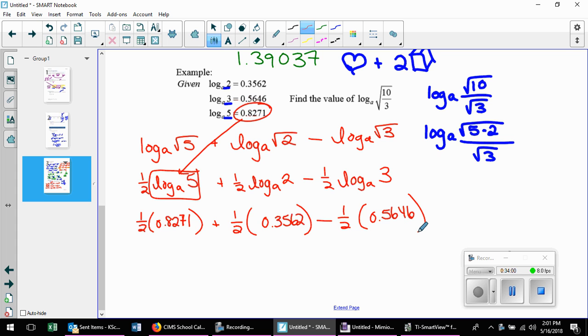And you would combine them all, and you would get 0.30935.